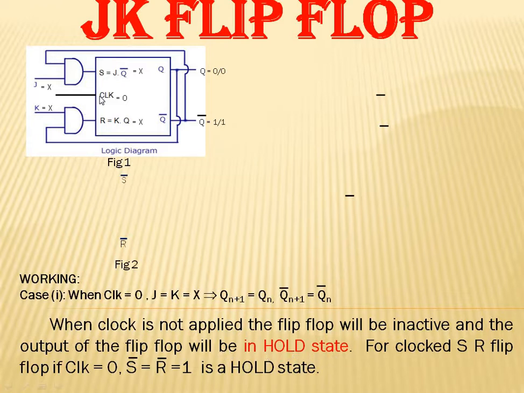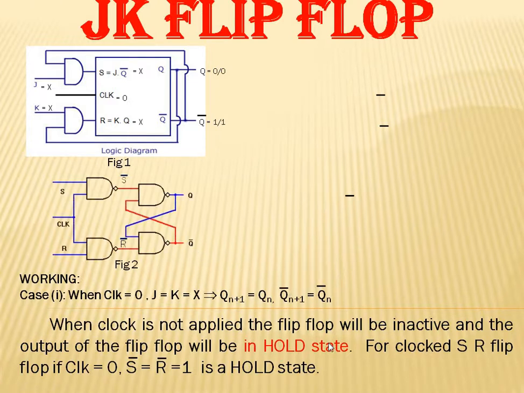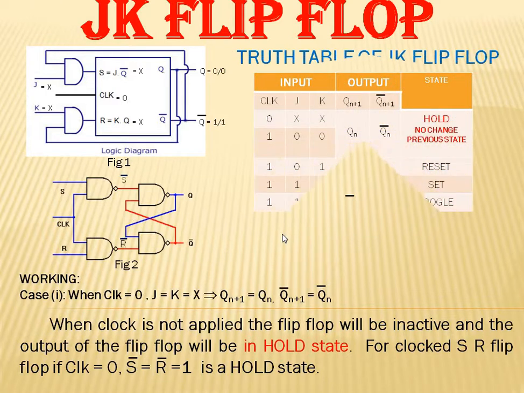Because when clock is 0, irrespective of S and R, the clocked SR flip-flop is in hold state. Thus, when clock is 0, J and K are don't care conditions, and the flip-flop enters into hold state. This can be referred with this clocked SR flip-flop diagram too. When clock is 0, irrespective of S and R, the flip-flop enters into hold state.